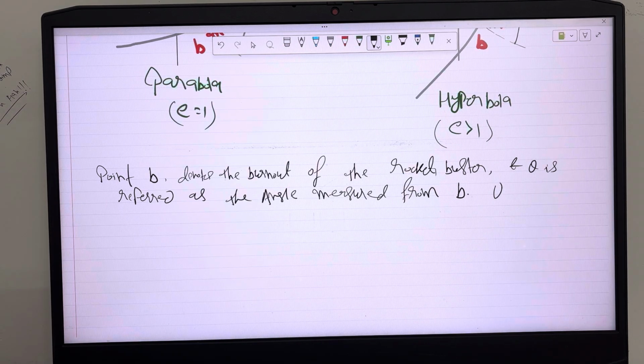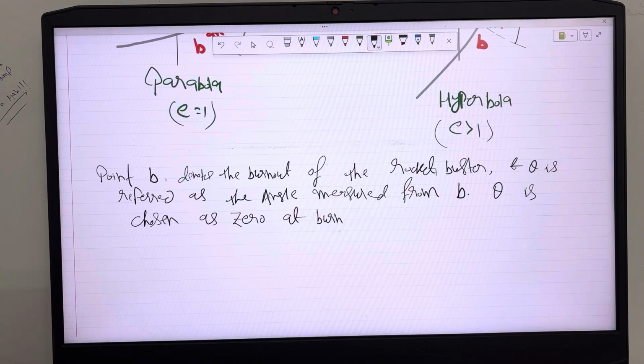Theta is chosen as 0, of course I told you, at burnout point, because you have to take the theta from the burnout point. That burnout point is your reference point, you can say, and C is your phase angle. As I told already, C is your phase angle.